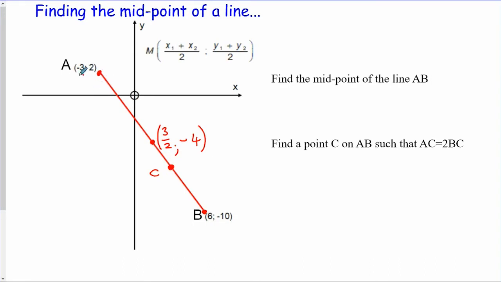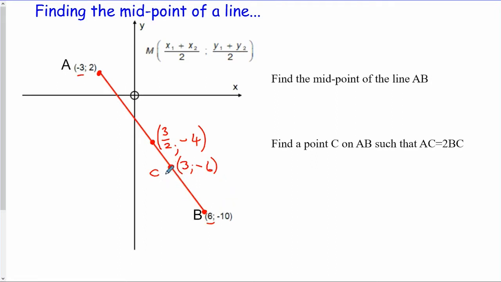Remember, our total distance between -3 and 6 is 9. 2/3 of 9 is 6. So I must add on 6 to my x value. I've dropped down by 12. 2/3 of 12 is 8. So if I drop down 8 from 2, I get to -6. And now you'll see that the remaining distance is 4, which is the 1/3.